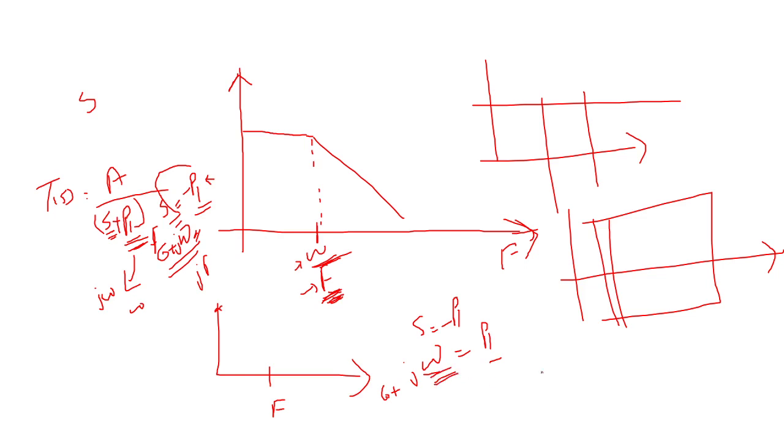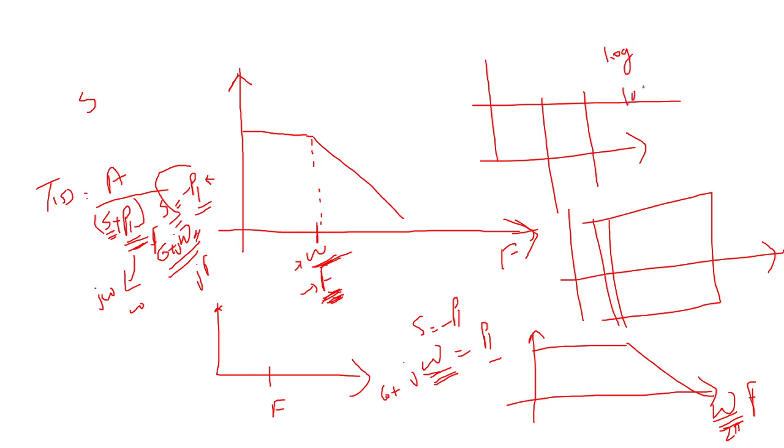Now you can directly plot in terms of omega. That is enough. Or if I got omega, you can also plot in terms of f. That is also fine, f is omega by 2 pi. We can also plot in terms of log: if it is log omega, similarly we can plot log f. But keep in mind f and omega have a relation, omega equals 2 pi f. We should keep that in mind and plot based on that only.